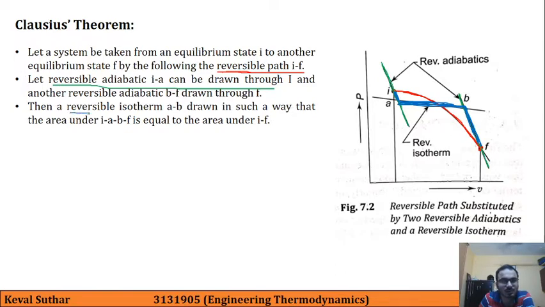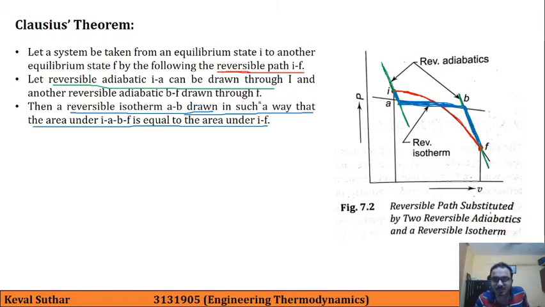Here a reversible isotherm A to B is drawn in such a way that the area under IABF is equal to the area under IF. What is the meaning of this?